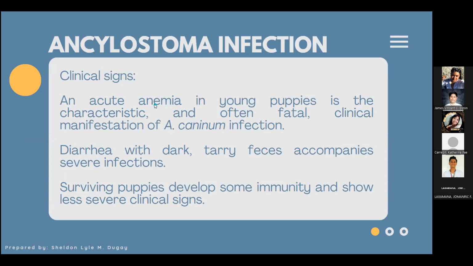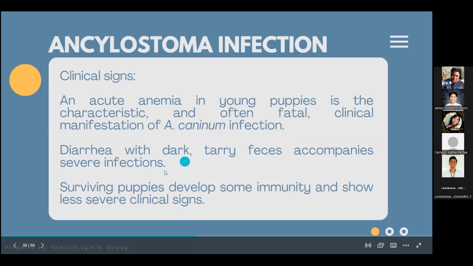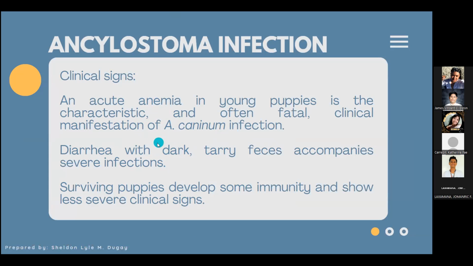Ayan. Tapos nagkakaroon din ng diarrhea with dark tarry feces accompanies severe infection. So dahil ito kasi nasa small intestine mostly, kapag nag-bleed yung small intestine, pagdating niya sa feces, dark na siya. Kaya nagiging dark yung diarrhea. 'Di ba commonly normally red yung blood.